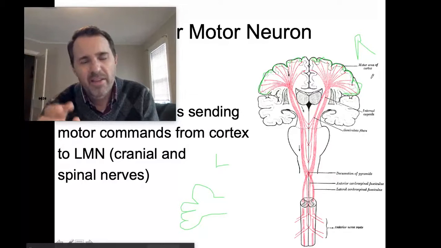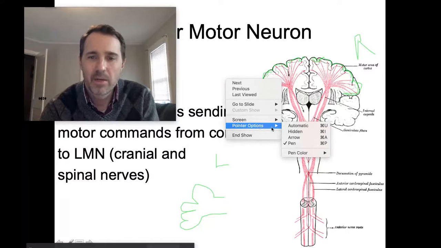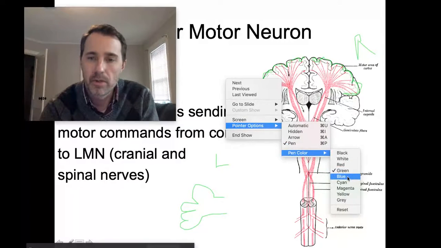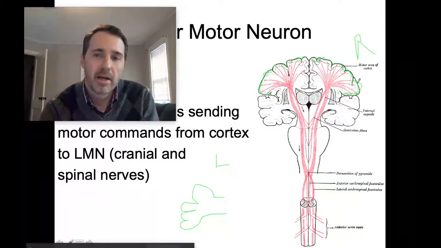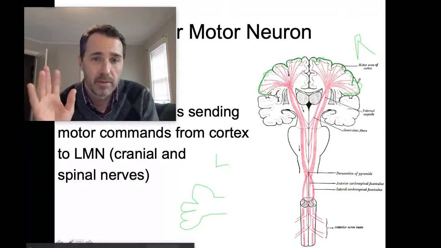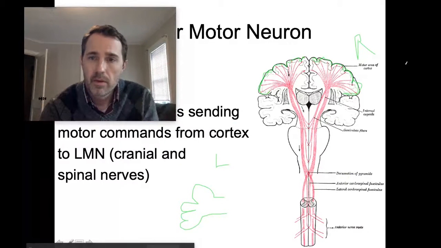The efferent pathway that the motor plan is transmitted down along is referred to as the upper motor neuron. So here is, let's say, my hand movement. That motor plan gets generated right here, in this part of my motor strip.